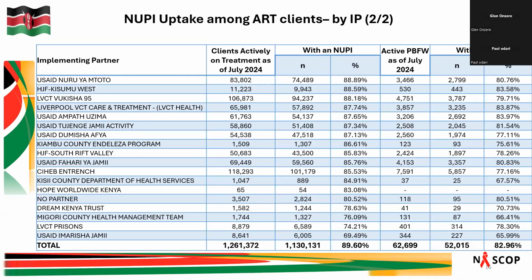We see that USAID Imarisha Jamii is ranking at the bottom with a coverage of 69% for the overall numbers and around 65.9% for the PMTCT clients. We went further to disaggregate this by age and gender to see whether we have a significant difference in the uptake. We can go to the next slide.